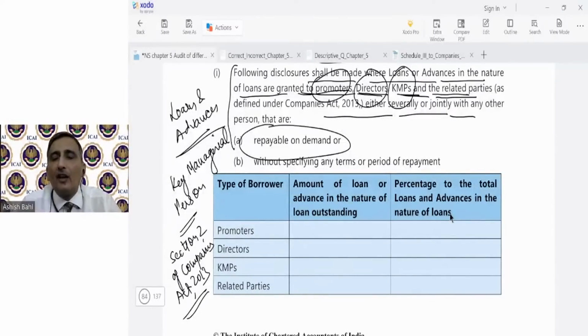repayable on demand, what does it mean, students? What does it mean, repayable on demand? So we have also with us Devarajji, who is saying that he is from Grameen Bank. So Devarajji, can you tell what is the meaning of loans repayable on demand?